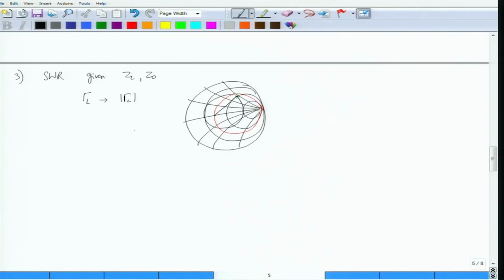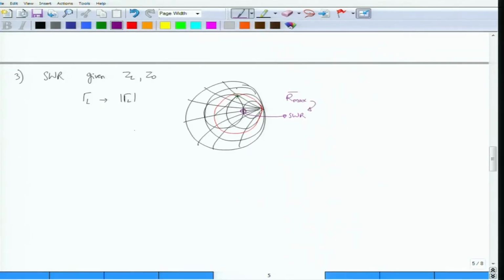This circle corresponds to a constant gamma L circle, and as we told you a couple of minutes ago, wherever this constant gamma circle cuts the horizontal axis, that would be the value of standing wave ratio, because this would correspond to R max, which is normalized, and is equal to SWR.